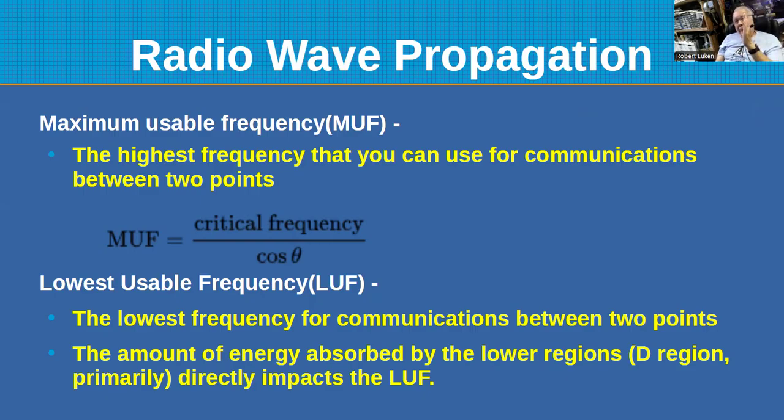As that angle decreases, then you're going to have a value of cosine less than 1, somewhere between 0 and 1. So it means that the MUF is going to be greater than the critical frequency. And I think they said in the video like 3 to 5 times.